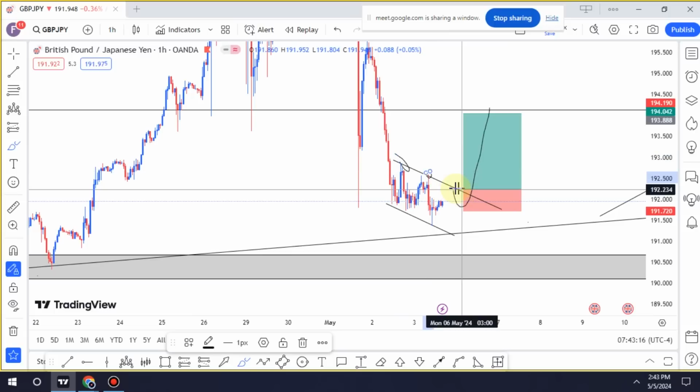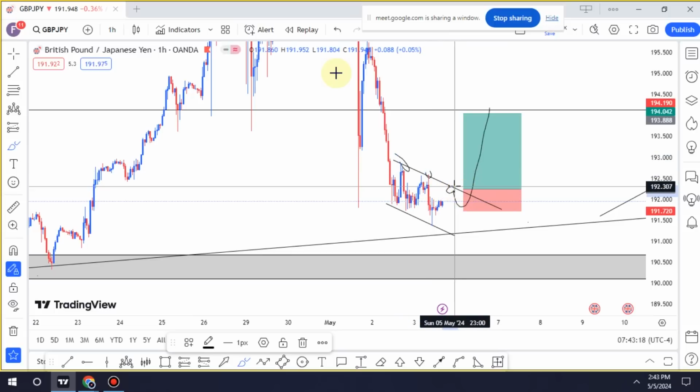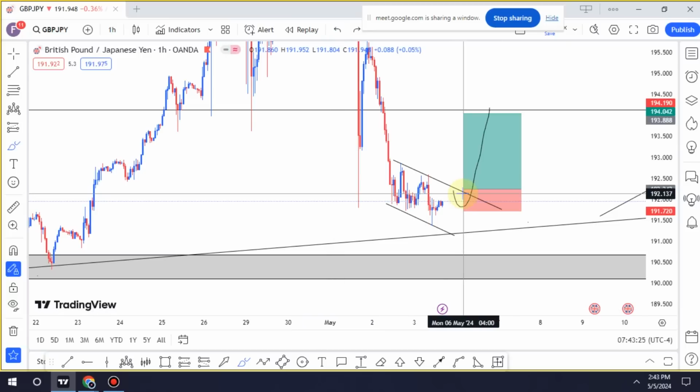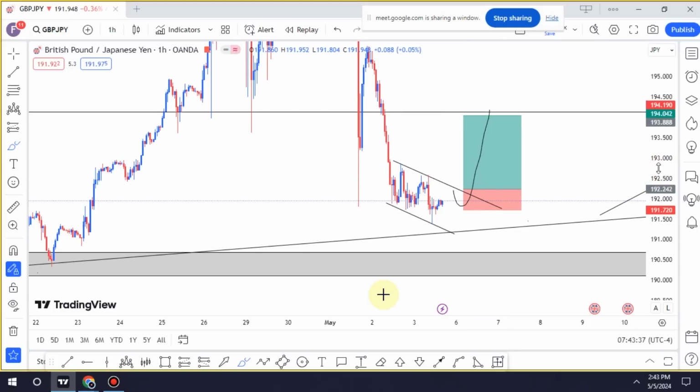So I'm anticipating that when the market touches this resistance, then it will drop, because most people, the scalpers or those who do the analysis based on the lower time frame, will take their sell position right here. Like I said before, when most people are taking sells, we should be looking for buys, and when most people are taking buys, we should be looking for sells.